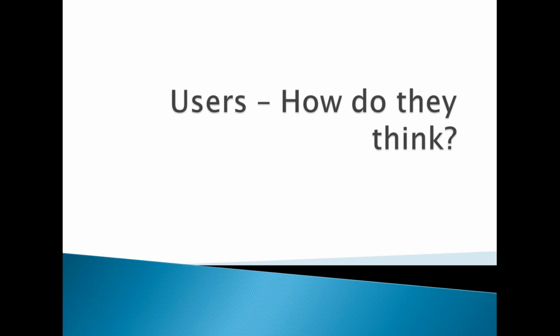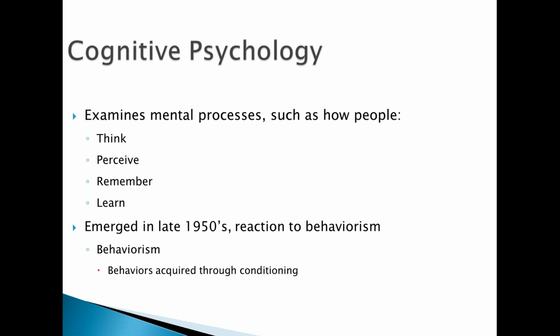So if we're thinking about the end user, we have to think about how do they think? What are they thinking when they come to our websites? What are their expectations? So this kind of gets into cognitive psychology. Cognitive psychology examines the mental processes such as how people think, how they perceive, how they remember, and how they learn.